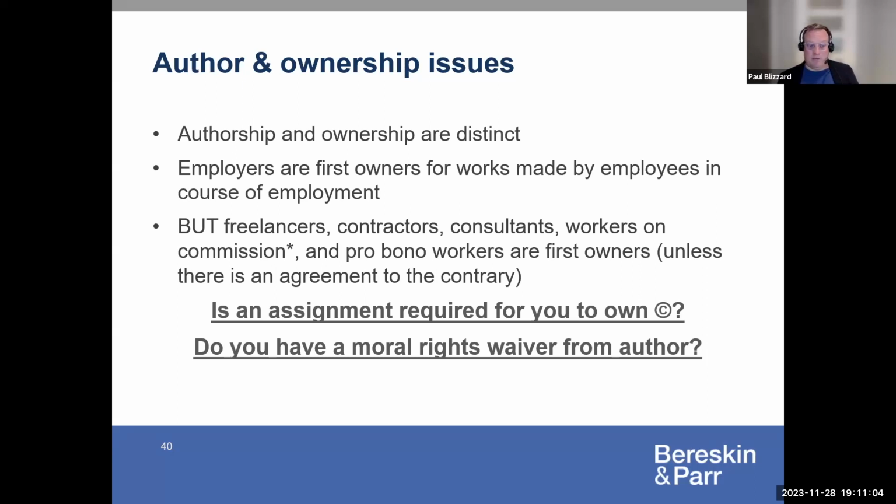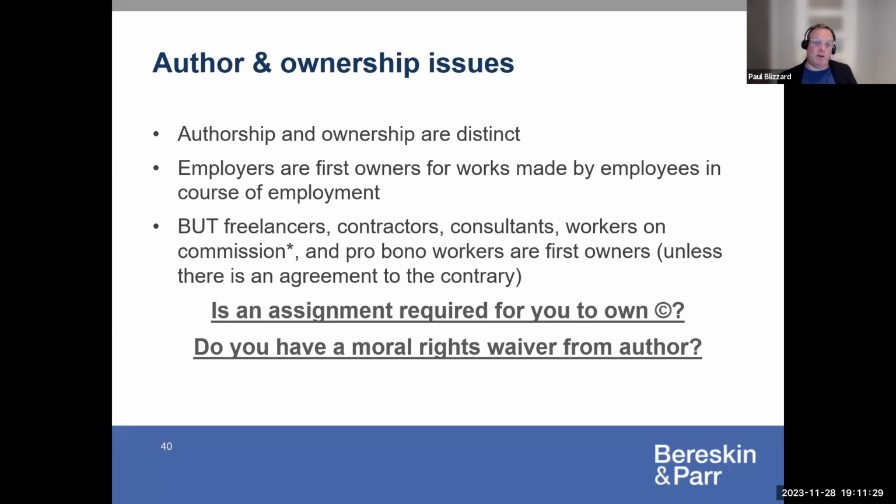However, if your startup hires a contractor or a freelancer to do your logo, it's important to note that you should get an assignment. If you're in a contract-based relationship, it's kind of the same issue as with Uber drivers, they're considered independent contractors.